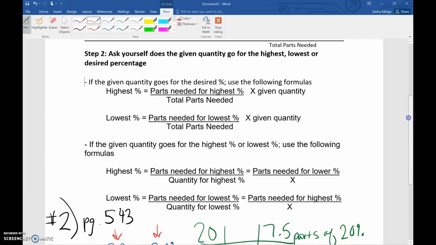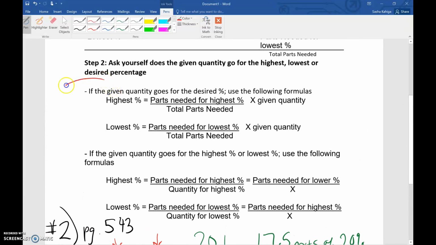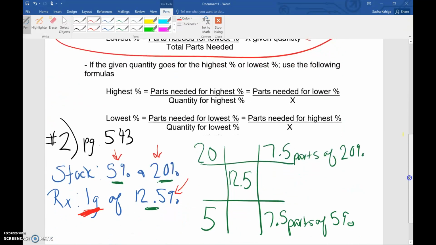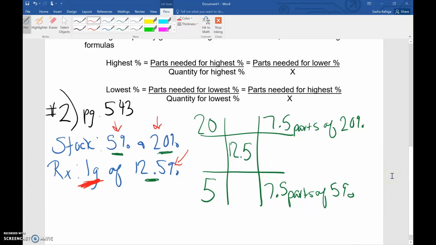So because of that, remember my little rule here, that if the given quantity goes to the desired percentage, you have to use these two formulas. First, you have to determine what your total parts is. So we know that 7.5 plus 7.5 is what? 15 total parts.